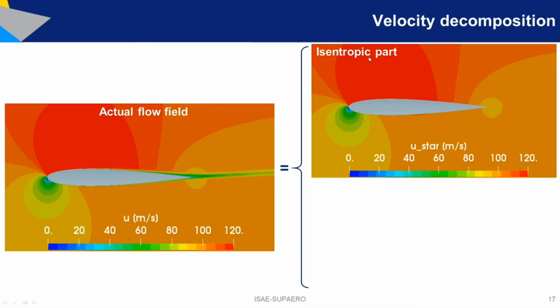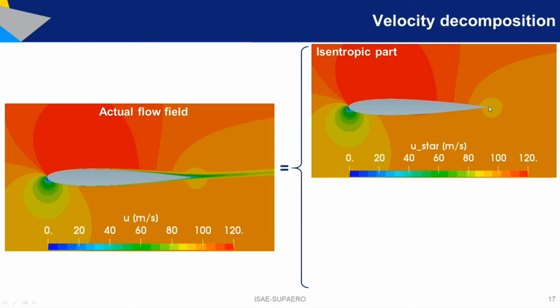The first component is the isentropic part, and as you can see, we have taken away the effect of the boundary layer and the wake. You can see that it is no longer existent. We're just retaining the part of the flow field related only to the perturbations of the body itself, but not the effects of the viscosity.